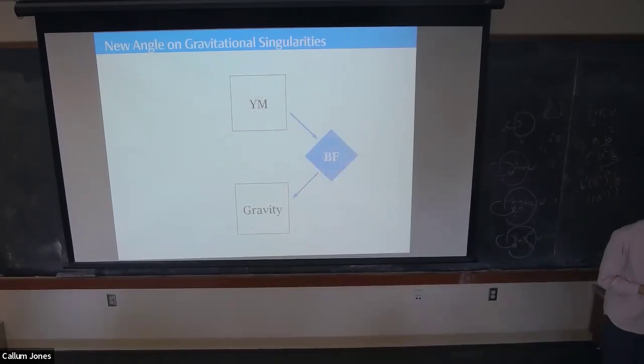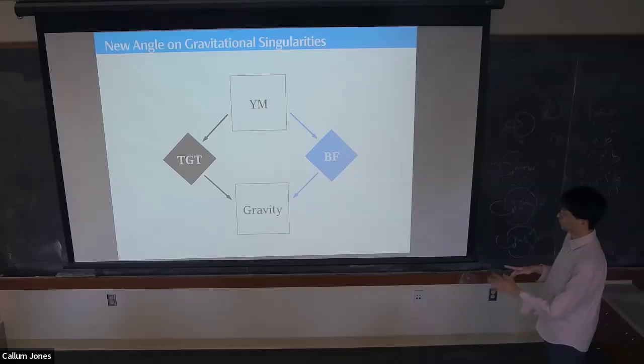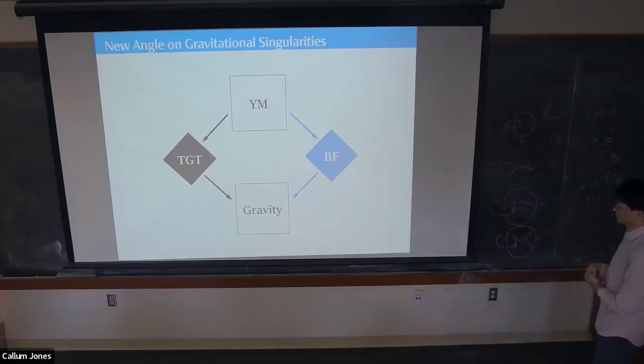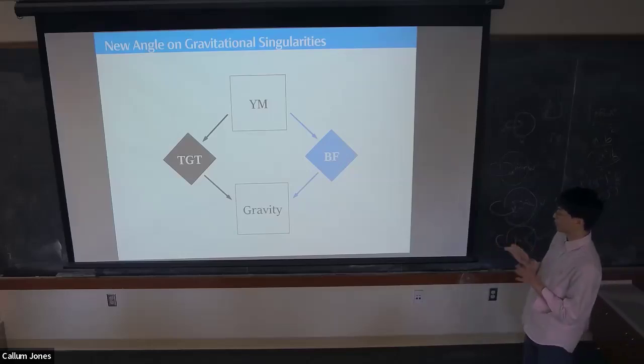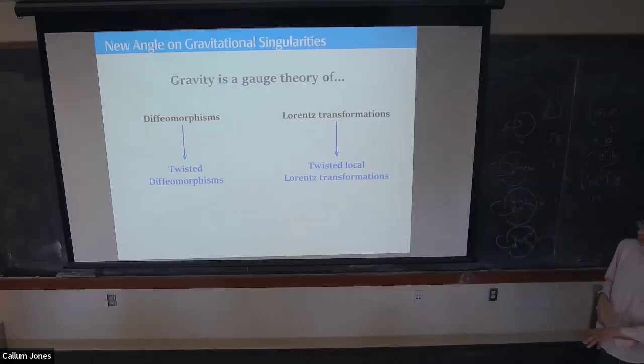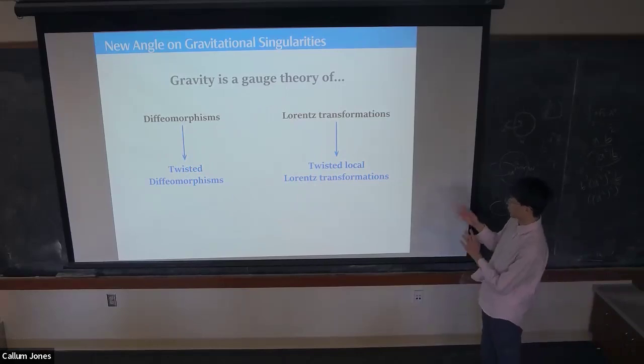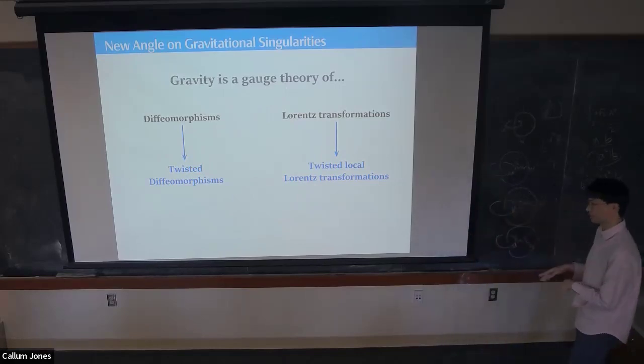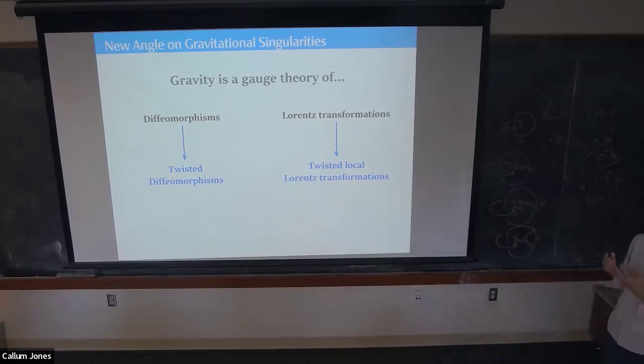Finally, I would like to propose a new direction. In this talk we focused on the BF structure to derive the gravitational one-form symmetry. But we could have also focused on the aspect of twisted gauge transformations. In this talk, we considered the twisting of local Lorentz transformations, but we could have also thought of twisted diffeomorphisms.